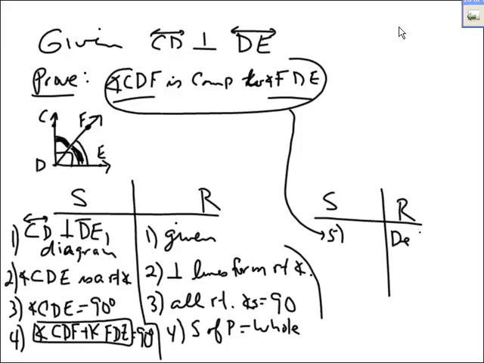Why is that true? Definition of complementary angles. Their sum is 90 degrees. Really write that statement, like on an exam or homework. Okay, so that completed that proof.